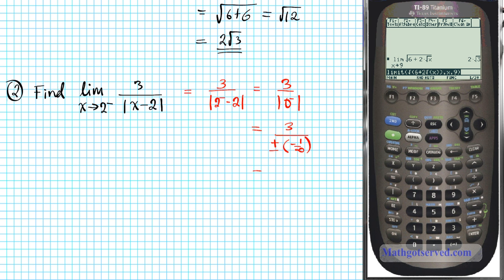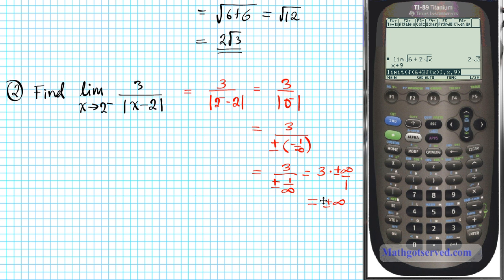And then when you simplify that, you'll get 3 over plus or minus 1 over infinity, which equals 3 times plus or minus infinity over 1, and then you get plus or minus infinity.